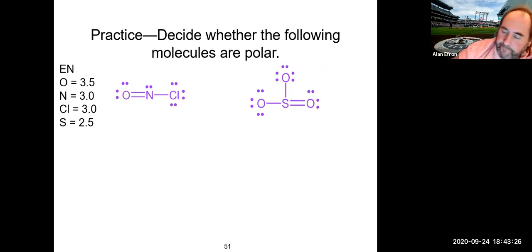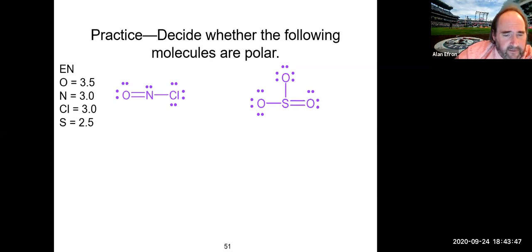So in this particular case, we have dots on the central atom. We don't have the same atoms on the central atom, so we might want to investigate a little bit. Let's first talk about, are there polar bonds? We do have our electronegativity values given to us. Nitrogen is 3, oxygen is 3.5.